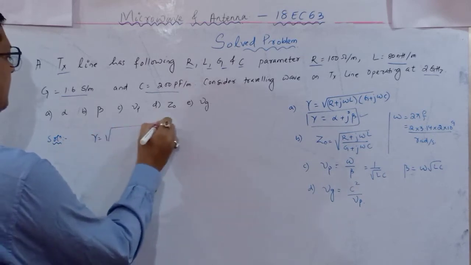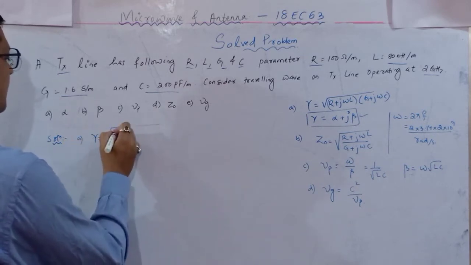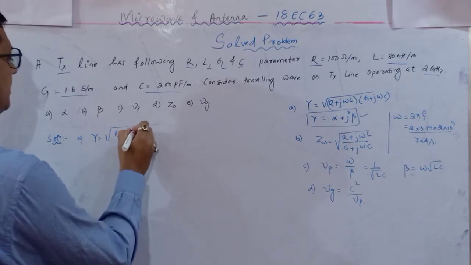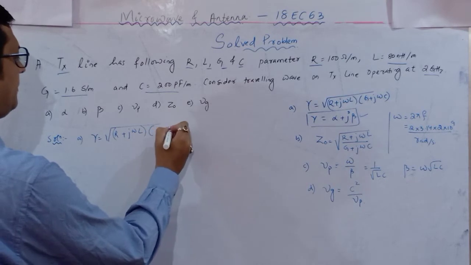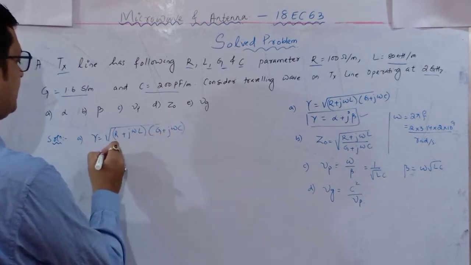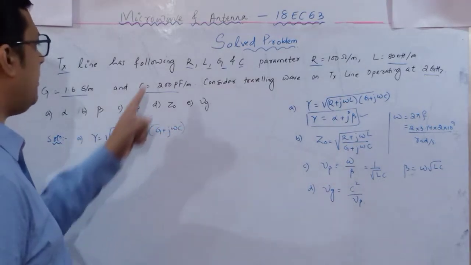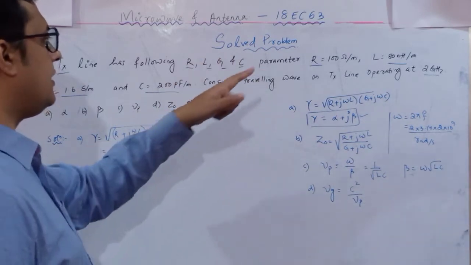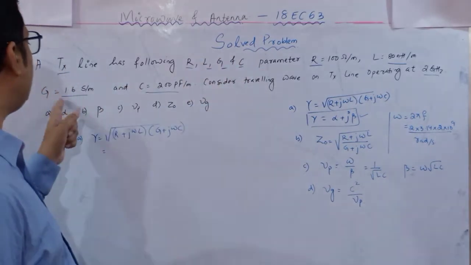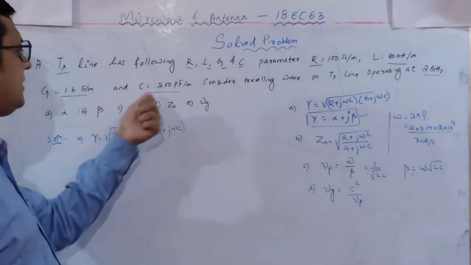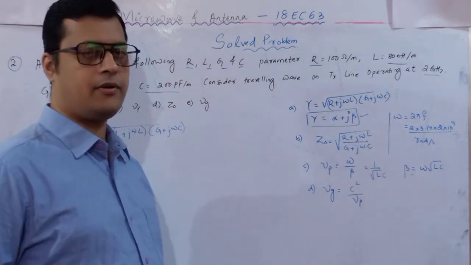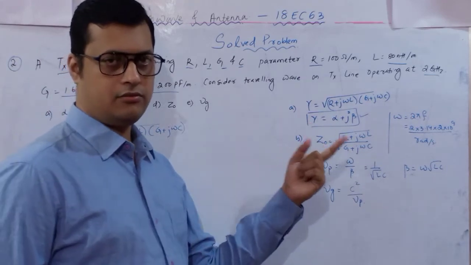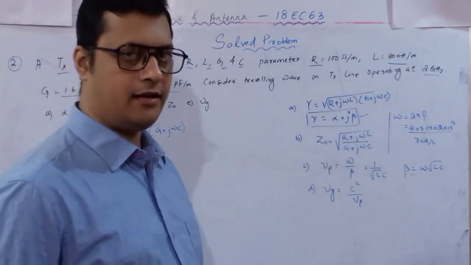So propagation constant is the square root of (R plus j omega L) times (G plus j omega C). Now whatever the value of R, that is 100, L is 80 nanohenry, G is 1.6 and C is 200 picofarad, and omega value is 2 into 3.14 into 2 into 10 to the power 9 radian per second.